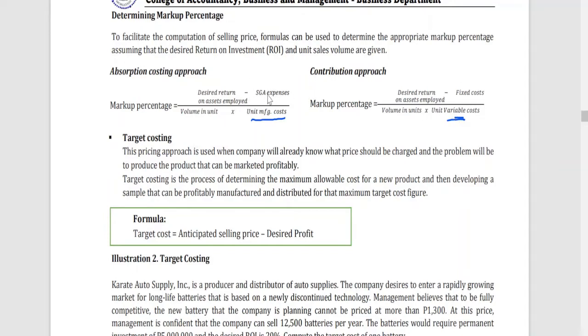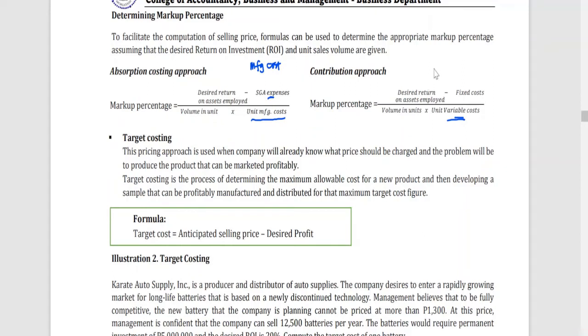On the numerator side, as you can see here, SGA is excluded from the cost components of the absorption costing. Right, the costs included there are all the manufacturing costs. So the selling, general, and administrative is not included. So those not included in the cost base of absorption costing, you deduct here.